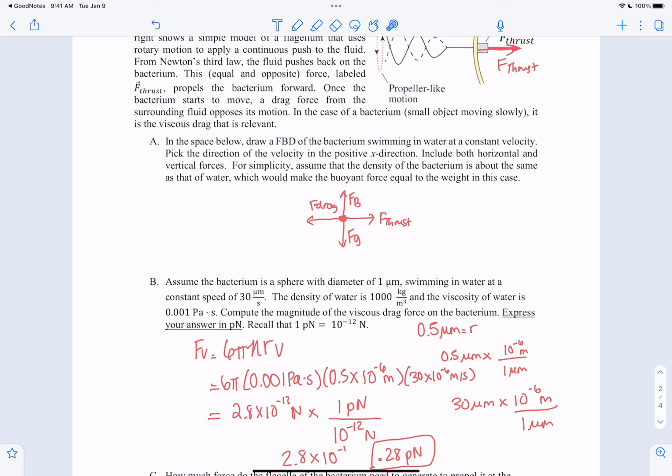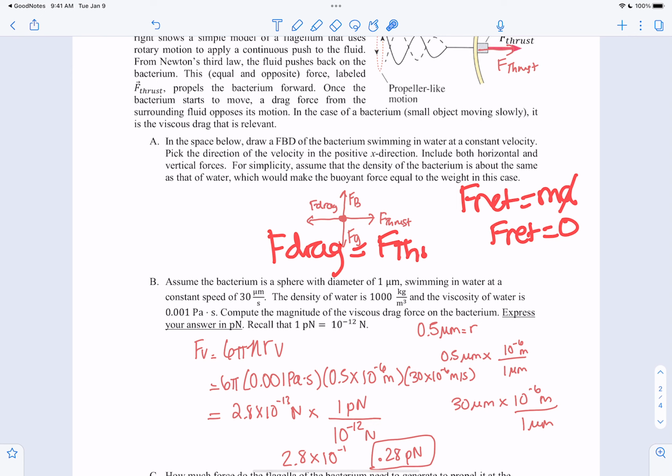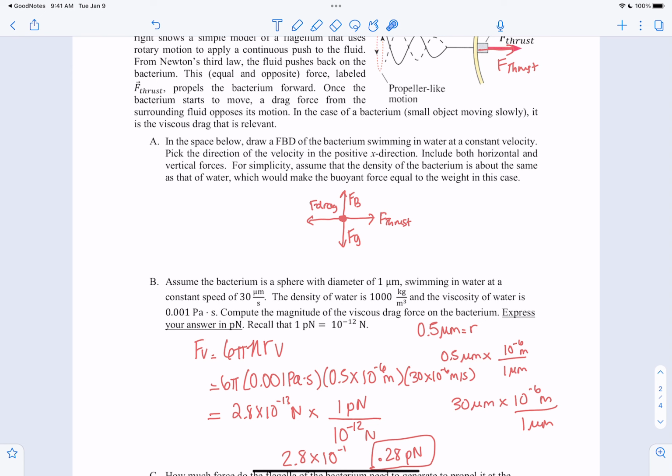So if constant velocity means acceleration is equal to 0, then F net is equal to ma, which means F net is 0. If F net is 0, then F drag is equal to F thrust, or all the other forces along the same axis. And if F drag is equal to F thrust, then the velocity we were moving with is equal to terminal velocity.